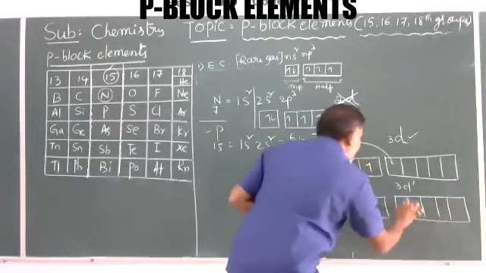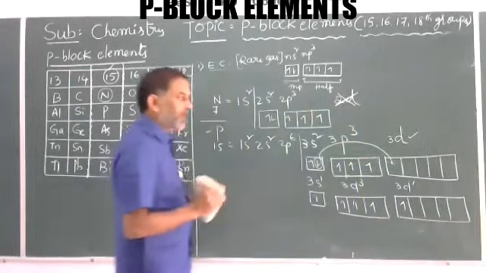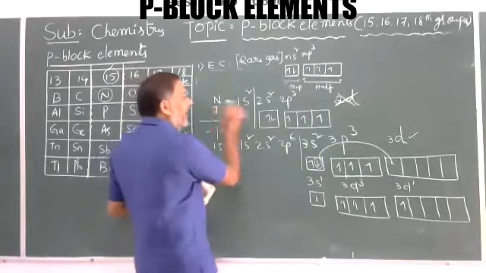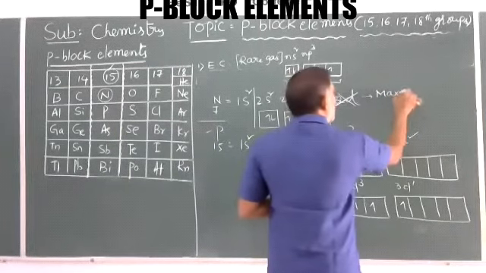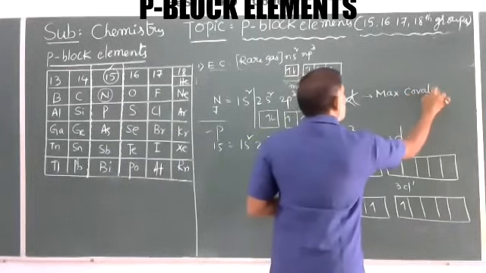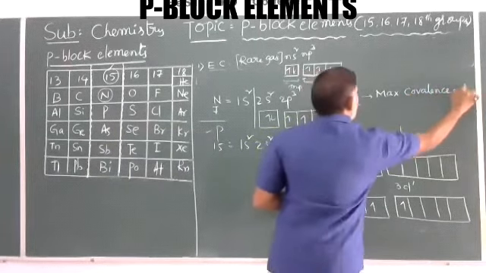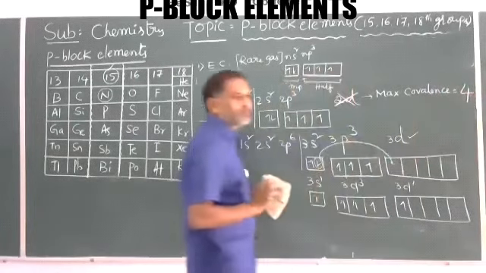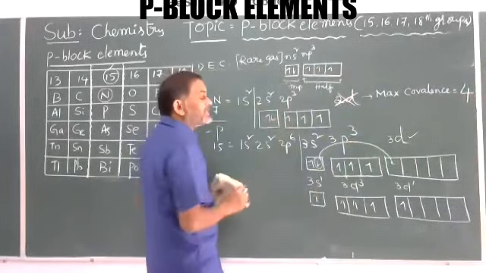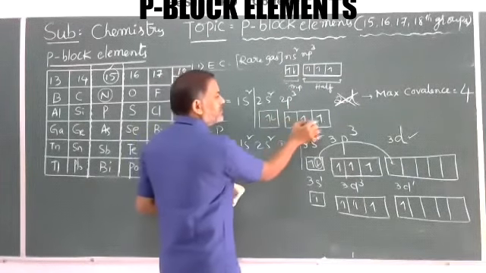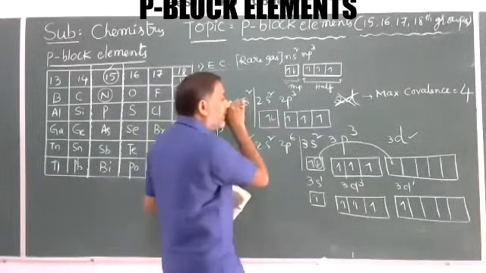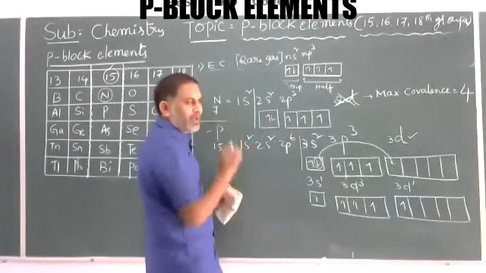That's why for nitrogen the maximum covalency is equal to 4 only. Covalency means combining capacity. Only these 4 participate in a chemical reaction.